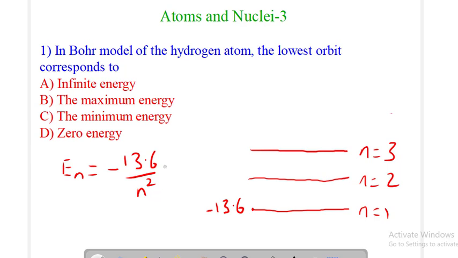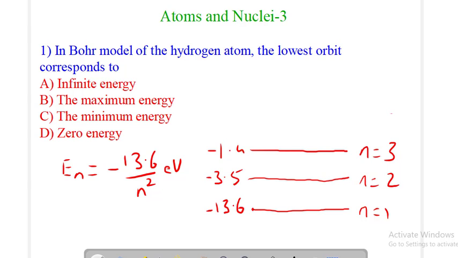Of course, it is electron volt. For n equal to 2, we have minus 13.6 divided by 4, because 2 square is 4, so it comes out to be roughly minus 3.5. For n equal to 3, it is again divided by 9, so it will come out around minus 1.4.